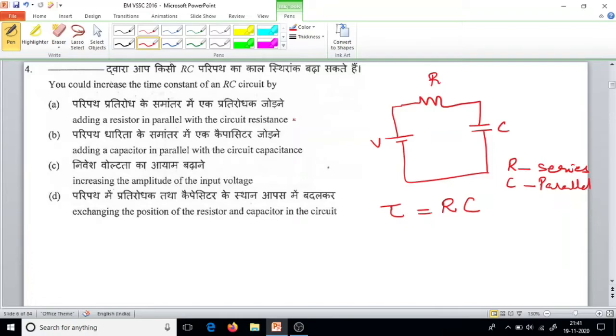When resistors are connected in parallel, the value decreases. Adding a capacitor in parallel with the circuit capacitance, that is, if you add one more capacitor in parallel, its capacitance value increases. So in turn, our tau or time constant increases. So answer is option B.